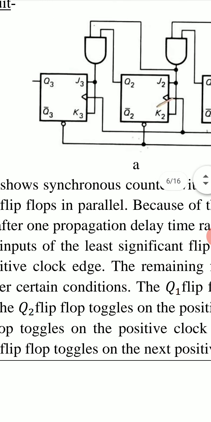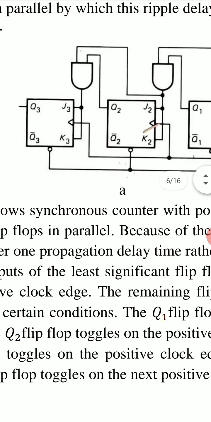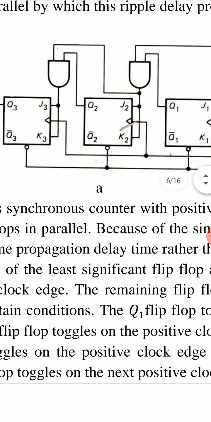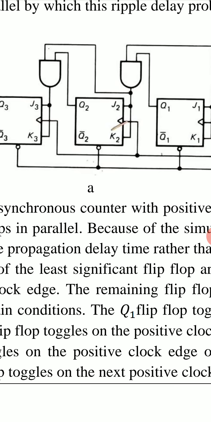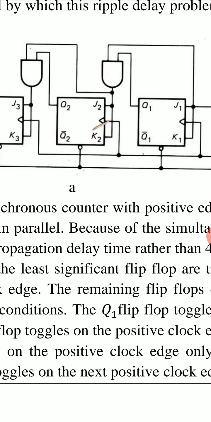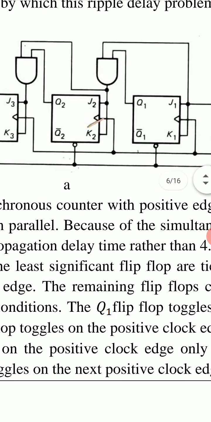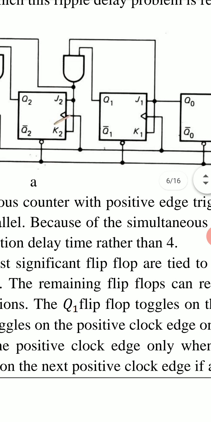Similarly, Q3 will toggle when J3, K3 are high, and J3, K3 are high when Q2 is 1 and Q1 is 1 and Q0 is 1.